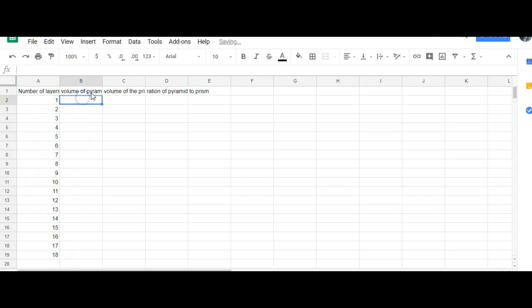Okay, and now the volume of the pyramid. So the volume of the pyramid is equal to, there's 1 plus, the next row would have 2 squared. So it's equal to this number squared, right? So that gives me 1.